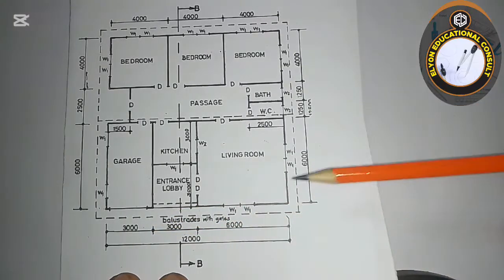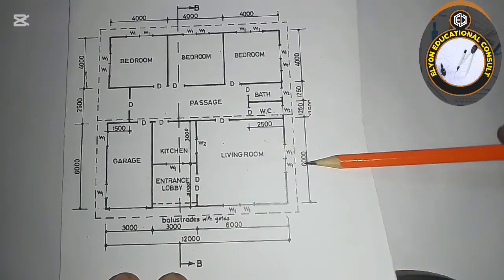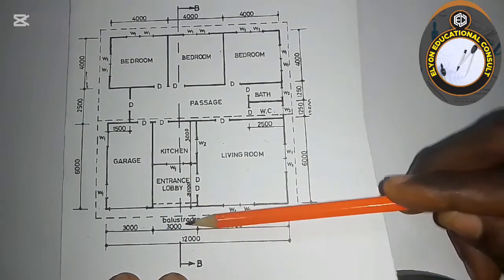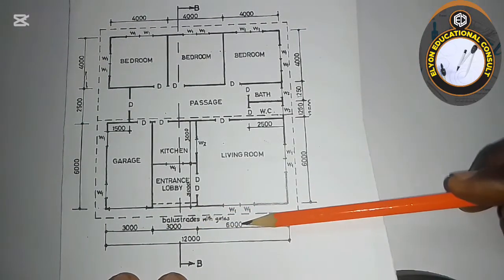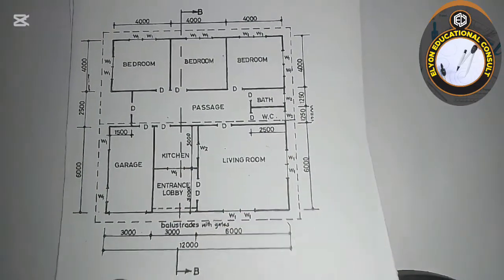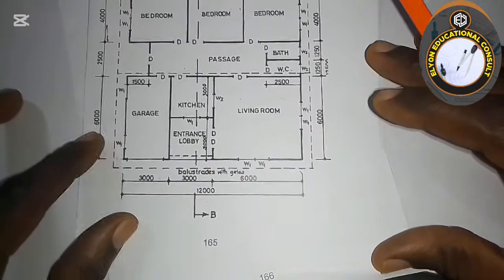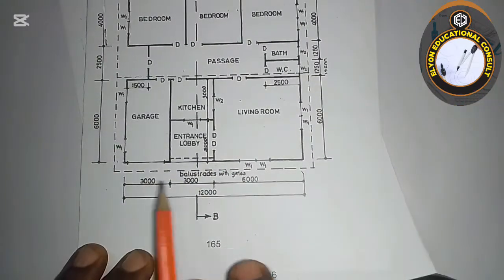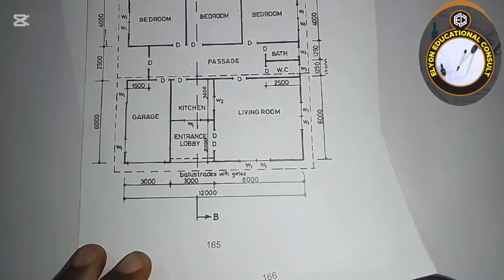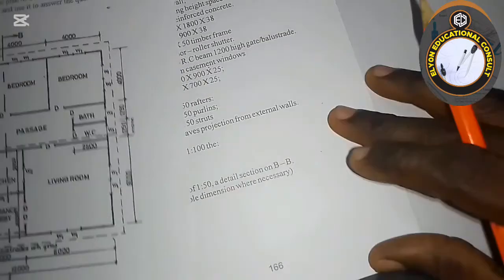Each of these dimensions are in millimeter. They need not write millimeter behind the numbers. They are in millimeter, and that means that what we are going to be doing for each of these dimensions or measurements is dividing by 100.